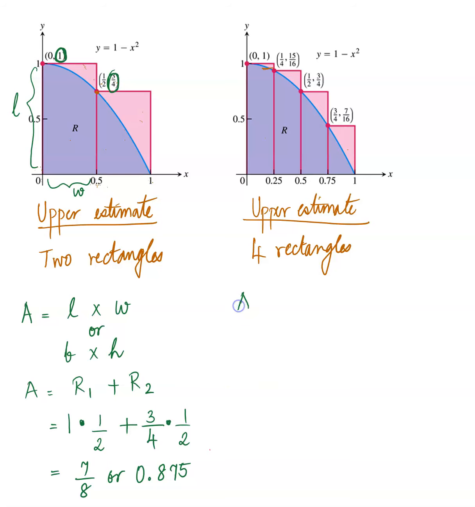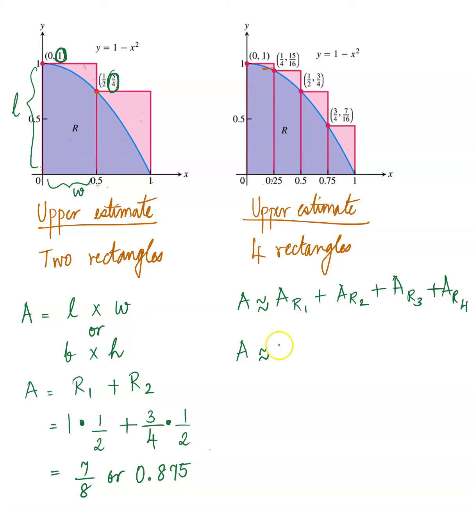Coming over here, this will be area of rectangle 1 plus area of rectangle 2 plus area of rectangle 3 plus area of rectangle 4. And so I'm going to bring in the approximation symbol to make it a little more valid. So A is approximately, again, go by the y coordinate for your height and the distance for your width.